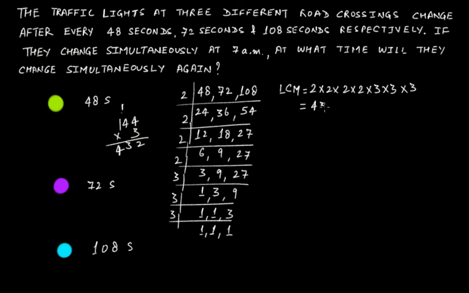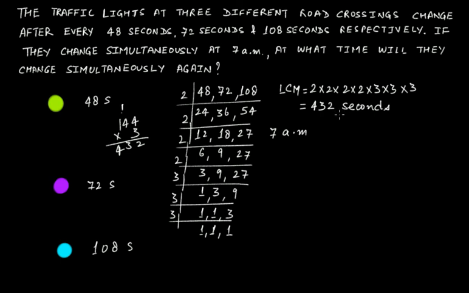So this will be 432 seconds. That is, at every 432 seconds, these traffic lights at these different traffic signals will change simultaneously. So at 7 a.m. they change simultaneously, and after 432 seconds again they will change simultaneously.